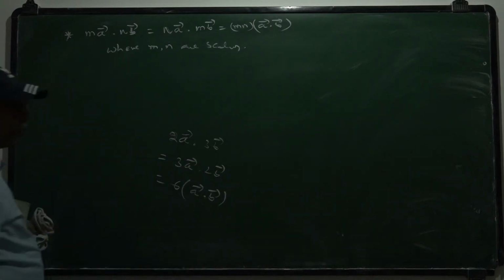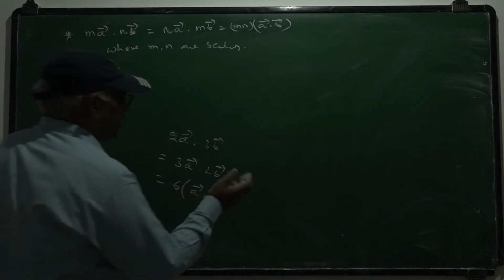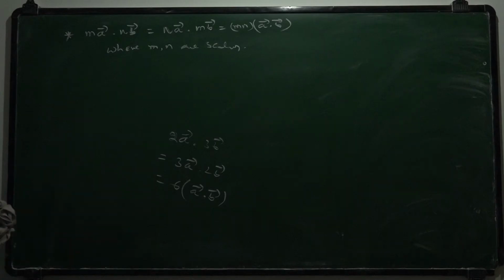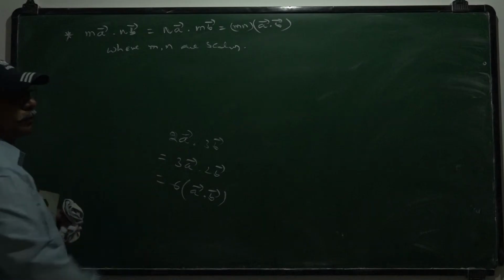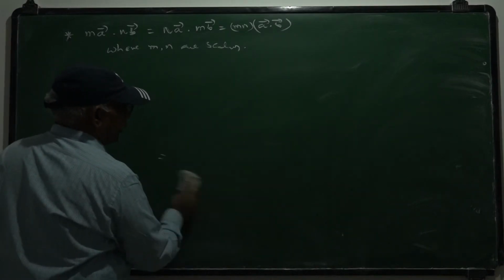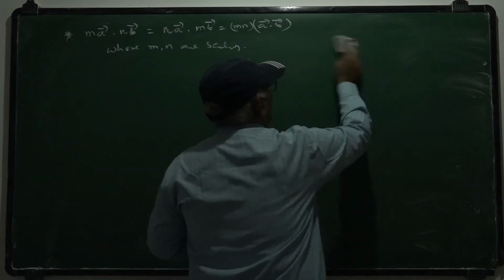So in the dot product, if any scalars are involved, you can take them out of the product, take the product of the scalars first, and write the dot product between the vectors only. That is one important property related to the dot product or scalar product of vectors.